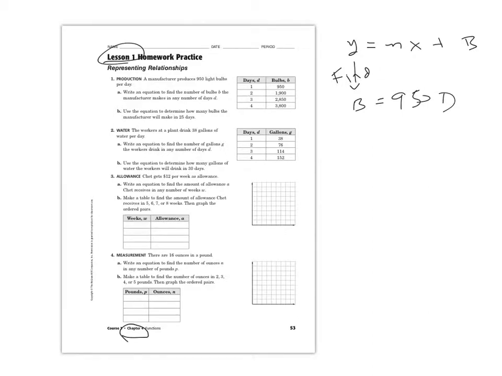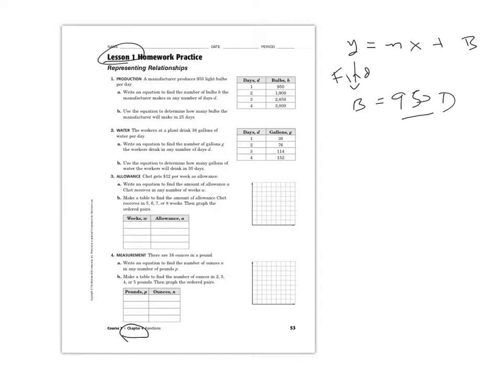So the idea is that the 950 is the slope. It's how many are produced over each day. For each occurrence, each occurrence being the number of days that we are producing bulbs.